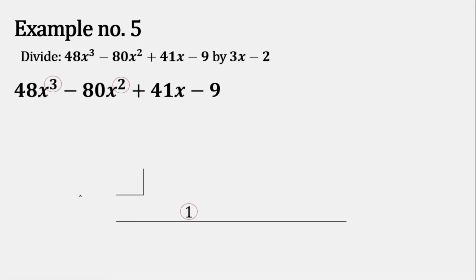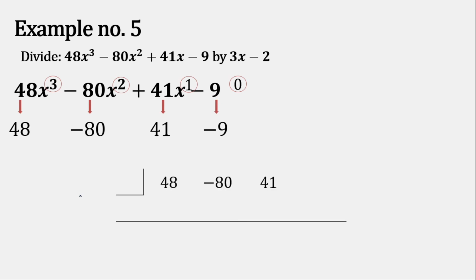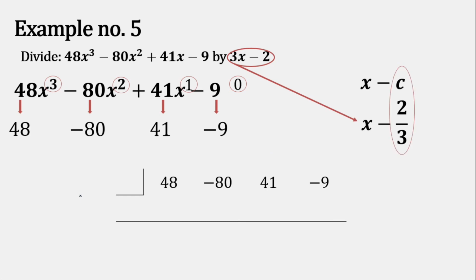Let's check again. 3, 2, 1, 0. So it's in the standard form. Let's bring down the coefficients. So we have 48, negative 80, 41, negative 9. Now let's deal with the divisor. To get that, all you have to do is to equate it to 0. 3x minus 2 is equal to 0.